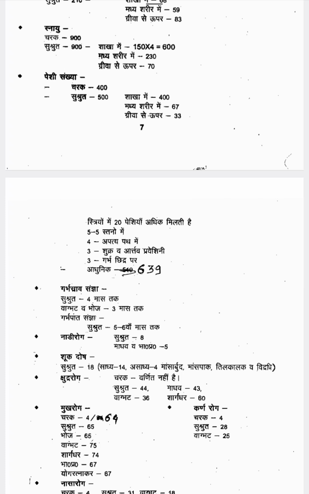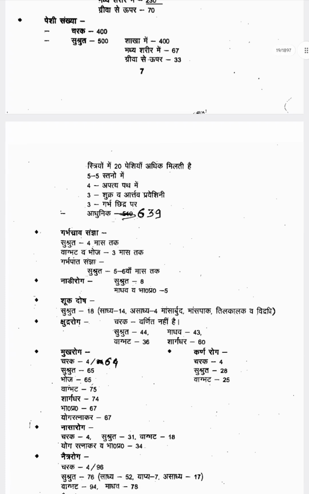Then Garbhasrava. Okay, in the pregnancy time some people used to get bleeding, no? Like in the first 4 months, if they are getting bleeding, like an abortion happening in a bleeding way, that is called Garbhasrava, because the fetus is not formed; formation of the fetus does not happen. Okay, in the first 3 months the embryo has just formed, so proper formation of the embryo will not be there.